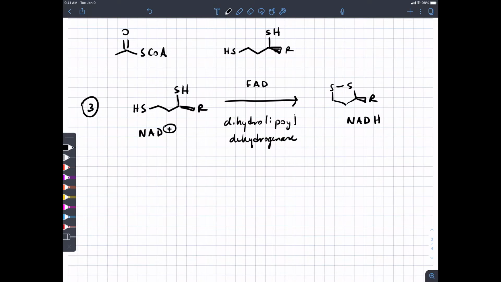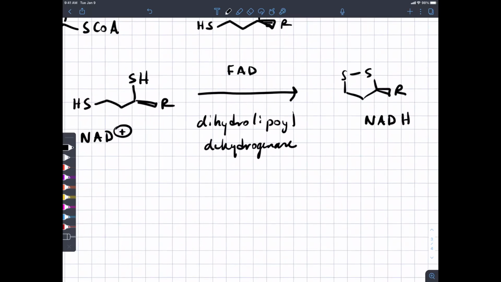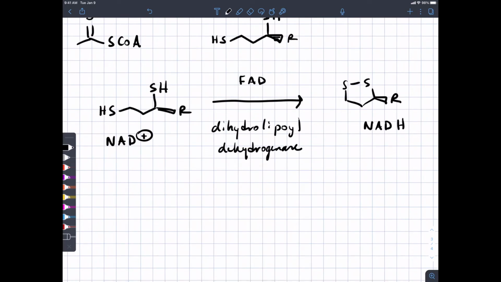Okay, so the mechanism is complicated. It involves a couple of different disulfides in the dehydrogenase molecule. If you want to see it, you can come up to my office and I can show it to you, but I think it's simple enough to recognize that it's an oxidation reaction where we lose a proton and we lose a hydride.